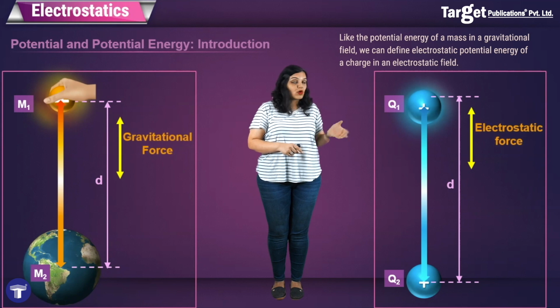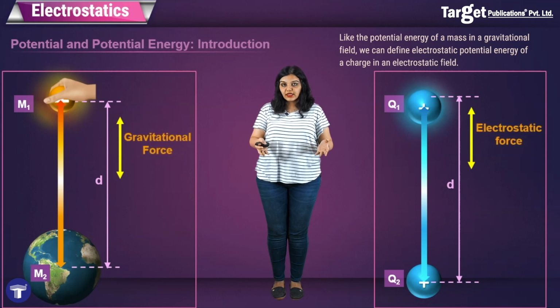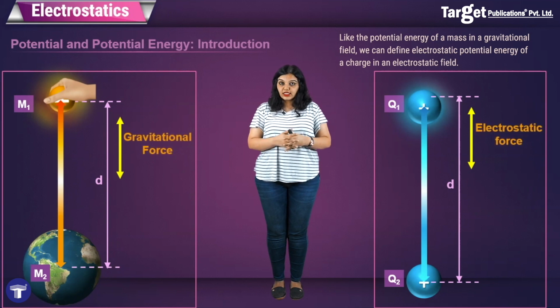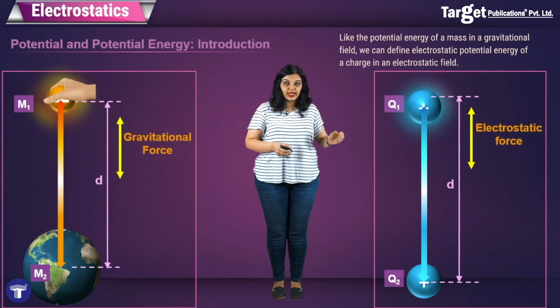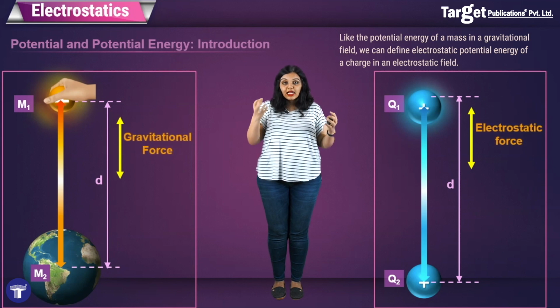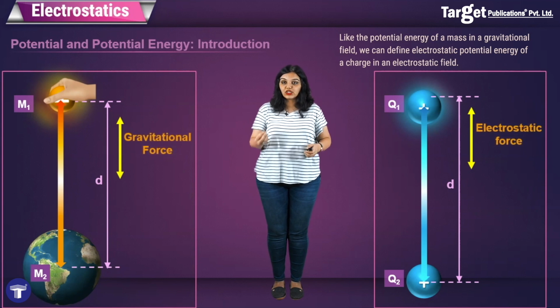In this case, because both the charges are positive, it will be repulsive, but if the charges are opposite, it can also be attractive. But you can see that the gravitational potential energy and the electrostatic potential energy are analogous concepts. Just like you define the gravitational potential energy, you can define the electrostatic potential energy. So we say that whenever one charge is taken at some distance with respect to some other charge, that charge will possess electrostatic potential energy.